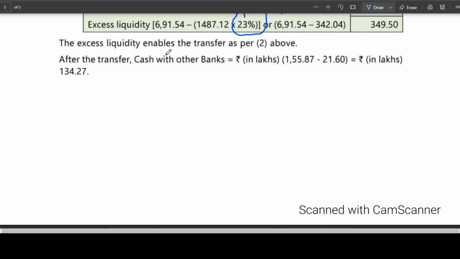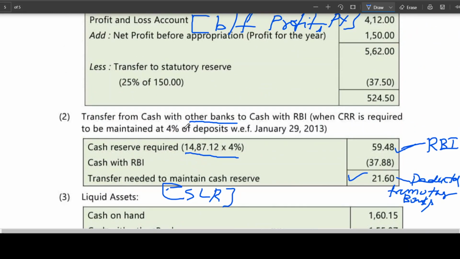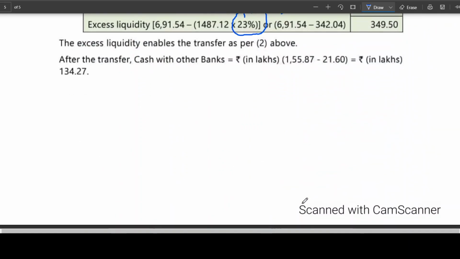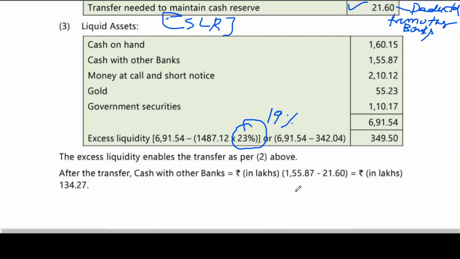The excess liquidity enables the transfer as per 2 above. What is the 2? Come on, tell me. CRR. So banks can transfer. After transfer, cash with other banks is, as I have told you already, deducted by 21.60 and is to be added to cash with RBI.